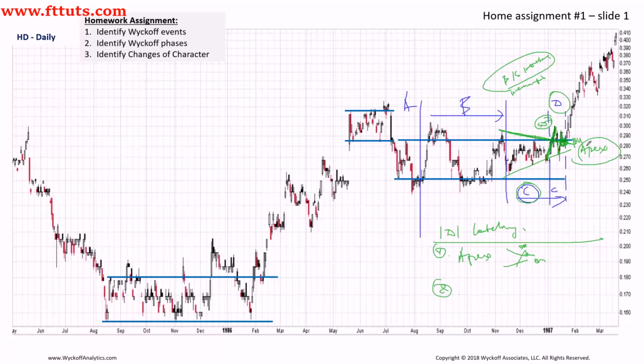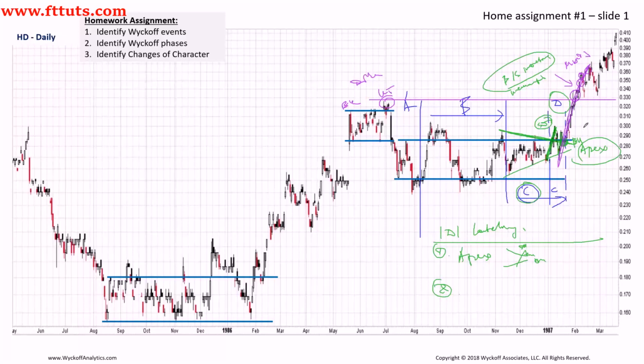And then the second label, which is also acceptable, is going to be a much larger phase D. We could say that this move to the upside that overcomes the upthrust action and the buying climax of the distribution formation is a major sign of strength. By definition the price goes through the trading range and commits to the upside, and look at the commitment, so many closes above.